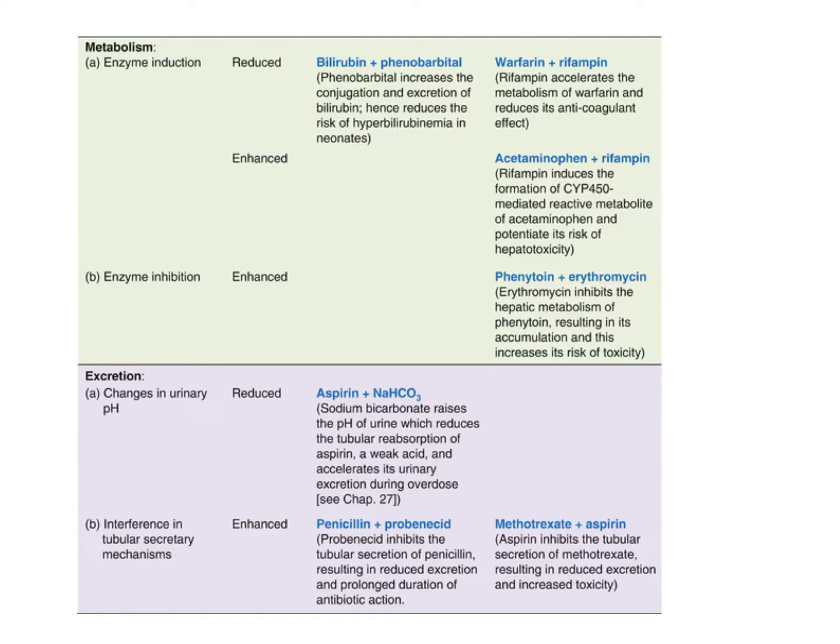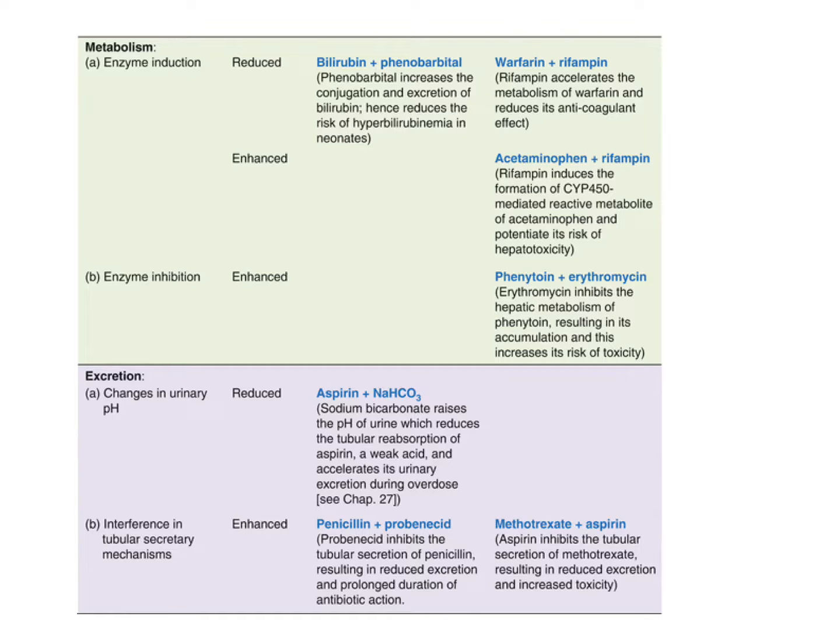Another case where metabolic enzymes are inhibited is phenytoin and erythromycin. Erythromycin inhibits the hepatic metabolism of phenytoin, leading to accumulation of phenytoin in the body, and that may lead to toxicity.